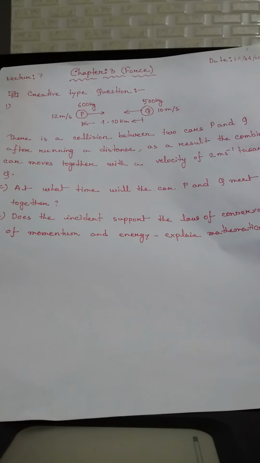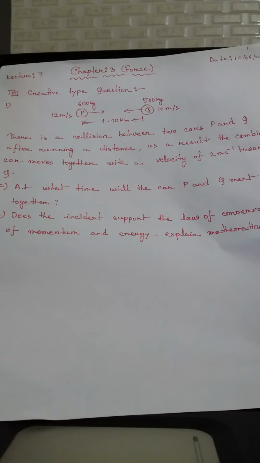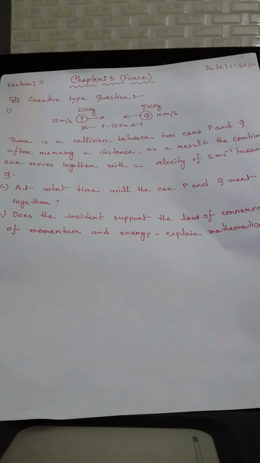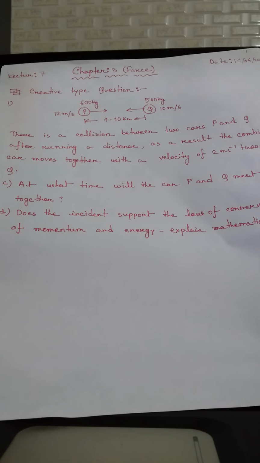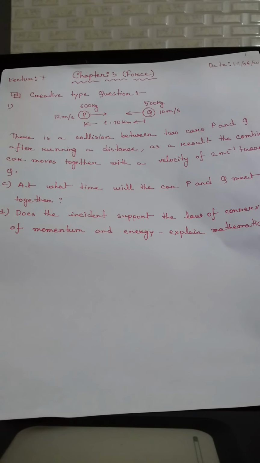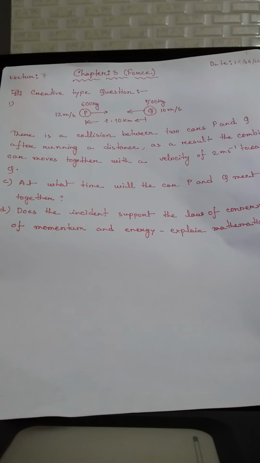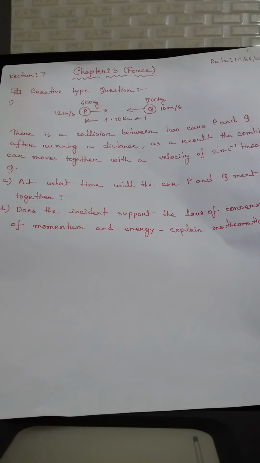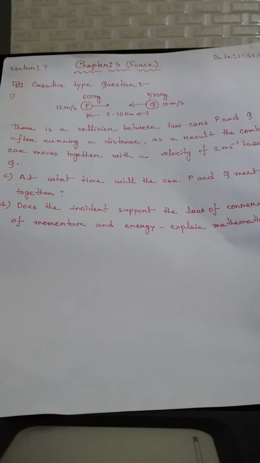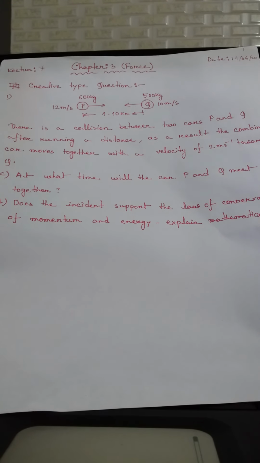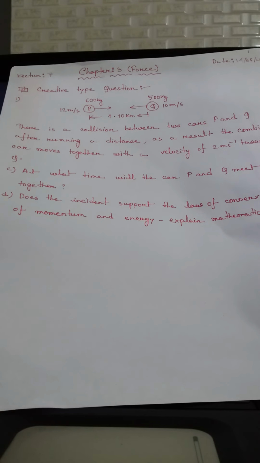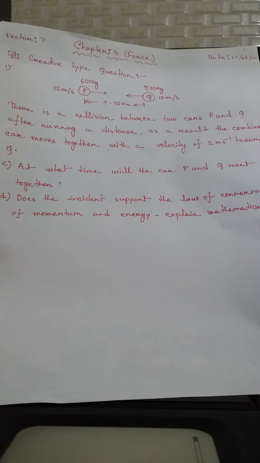So according to this, what are the questions? I just want to discuss only number C and D. Number C, at what time will the car P and Q meet together? That means we have to measure the time here. And number D, does the incident support the law of conservation of momentum and energy?